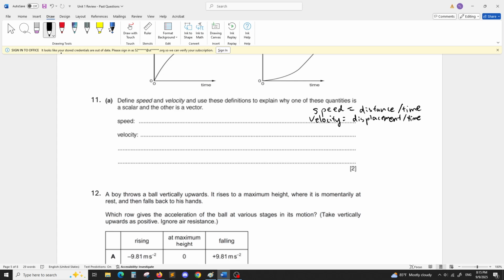So we can just plug these definitions into here, and then we have to use these definitions to explain why one of these quantities is a scalar and the other is a vector. The reason is because distance has no direction.